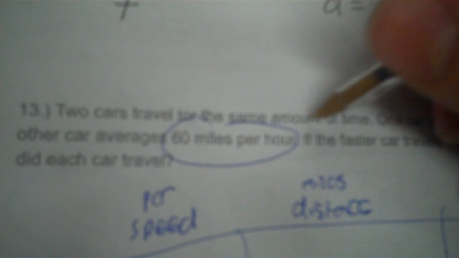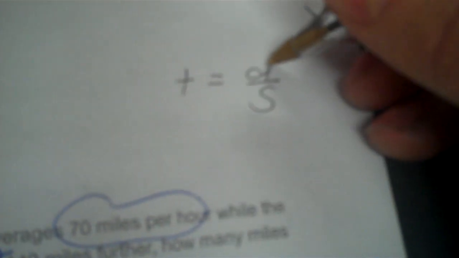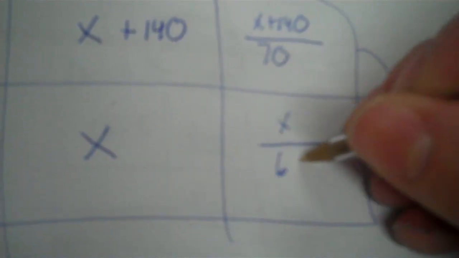Now the time, the only thing we know about the times is that they're equal because they traveled for the same amount of time. We also know that time is equal to distance over speed. So distance is X plus 140 for that car and the speed is 70. We never actually get a divide because we don't know what X is, and X over 60.